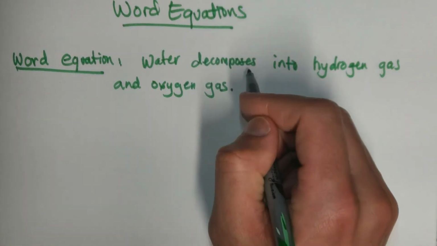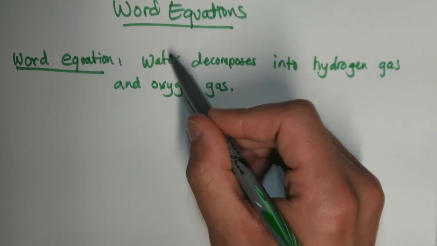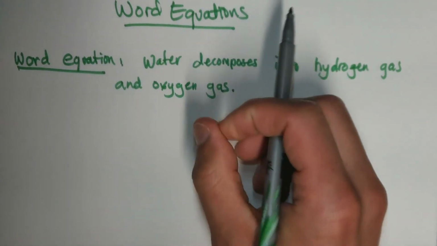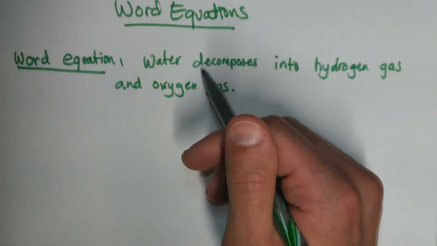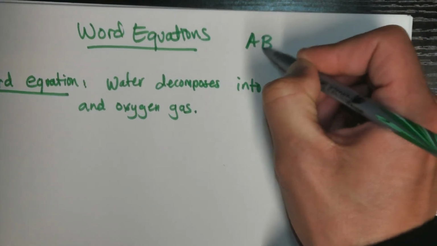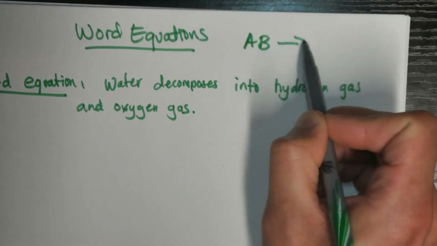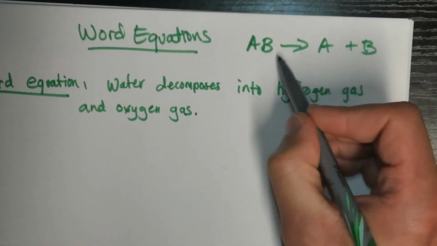That word decomposes comes from the idea that water is a molecule that starts off as one thing and actually splits into two different molecules. You'll remember that type of chemical reaction where you have A and B in one molecule and then it splits into A and B. We call that a decomposition reaction.